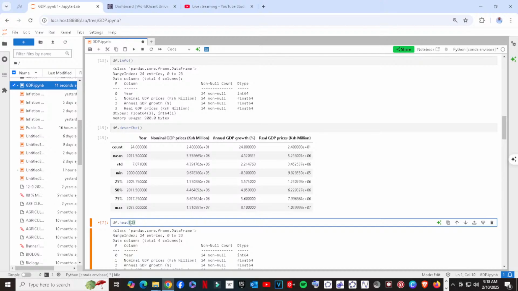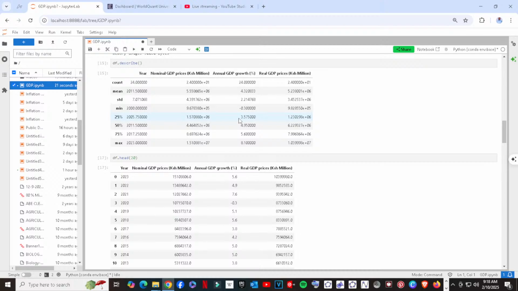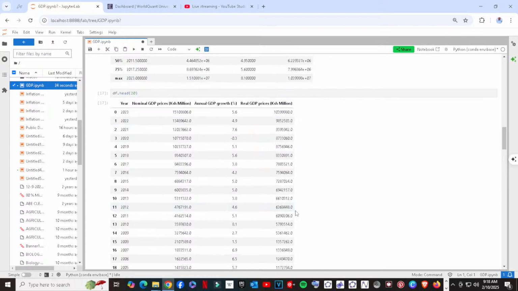What my data frame now looks like. I'll be doing df.head(20), the first 20 observations as shown in the Excel sheet. So that's what we have here. We can clearly see that the particular code has transformed this into floats.